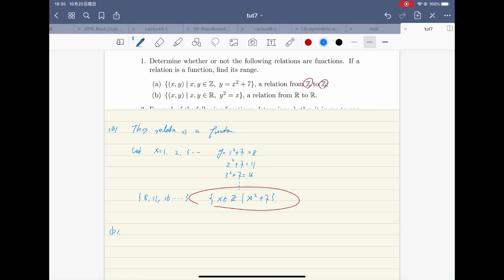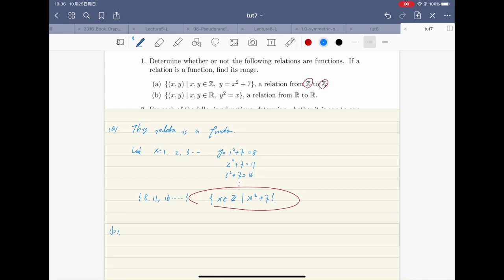By definition, for a function, any value in the domain has exactly one associated value in the range. In other words, one value from the first component of the ordered pair is associated with exactly one value from the set of second components. So this relation is not a function.